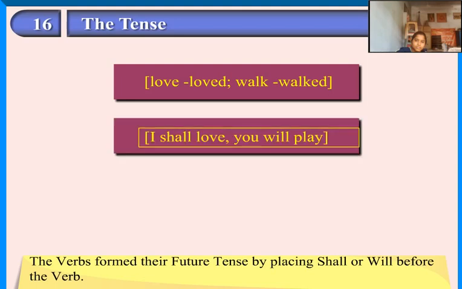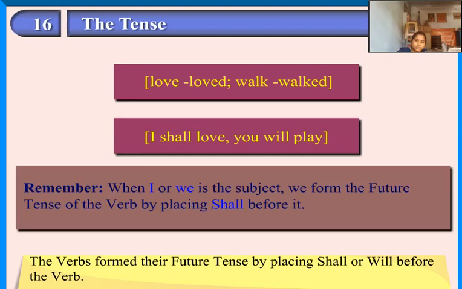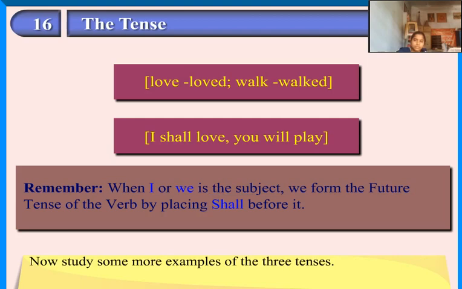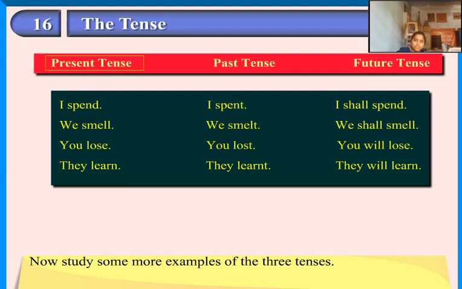I shall love. You will play. Remember, when I or we is the subject, we form the future tense of the verb by placing shall before it. Now study some more examples of the three tenses: present tense, past tense, future tense.